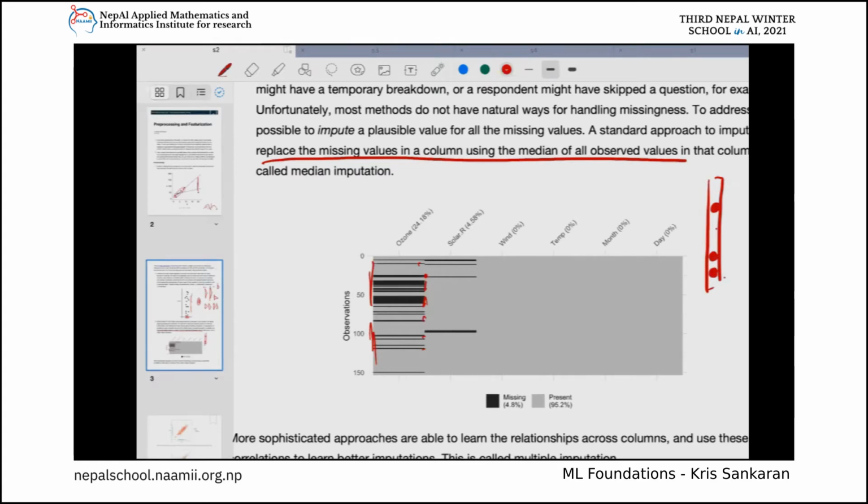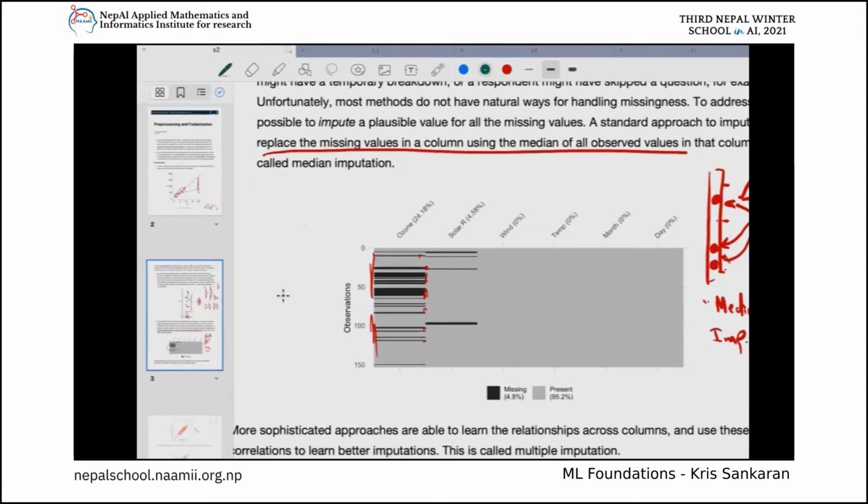What you can do is make the histogram for the observed ones, take the median from that histogram, and then just plug in that median value for all the missing values. This is called median imputation. That's one way of doing it. It's usually pretty easy because you can calculate the median of the observed values very quickly. But it's actually not the most sophisticated way of doing imputation.